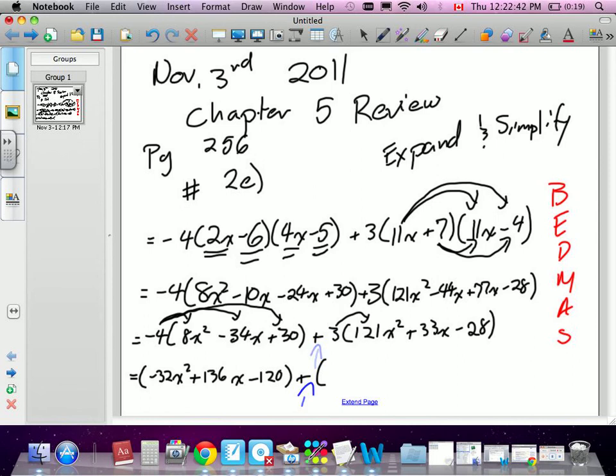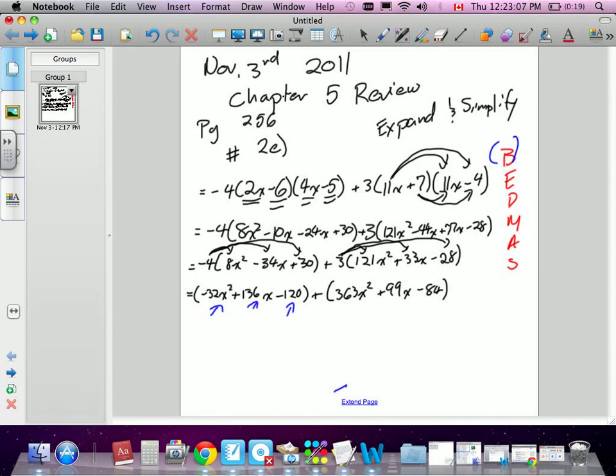We'll distribute the 3. Now, here's what's important. This positive sign is still going to stay here because we still need to add the 2 brackets together after. So when I distribute that, 3 times 121x gives us 363x squared. 3 times 33x will give us +99x. And 3 times -28 will give us -84.